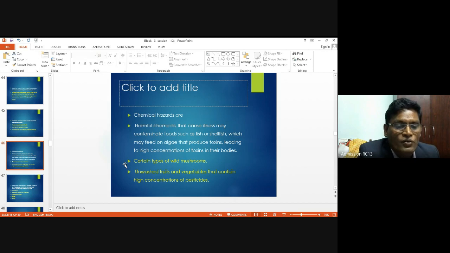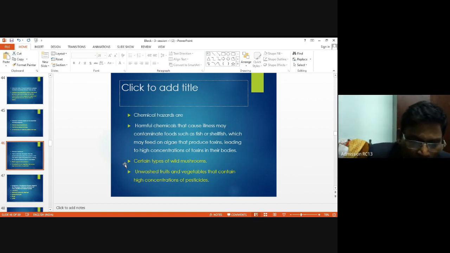And unwashed fruits and vegetables may contain high concentrations of pesticides. As we know, in order to control the pests which will damage the yield in the production of vegetables or fruits in the agriculture sector, where pests cause major damage or a major decrease in production, otherwise the farmers will face a loss after putting in so much work.